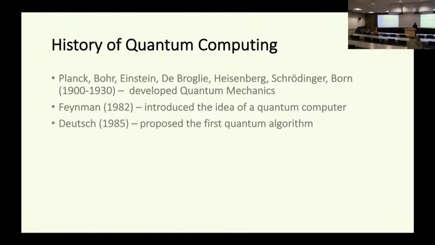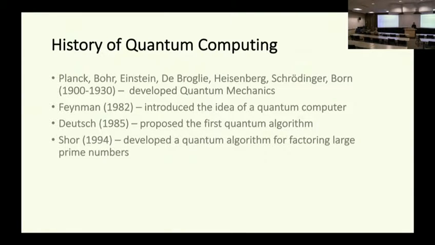Things happened a little faster then. David Deutsch proposed a quantum algorithm in '85. And then something really significant happened, which was Peter Shor developed a quantum algorithm for factoring large prime numbers.